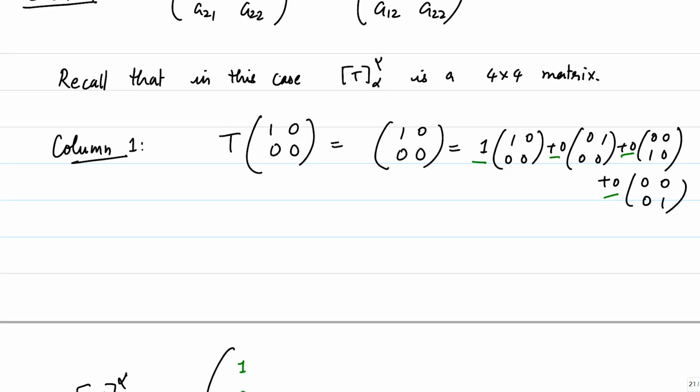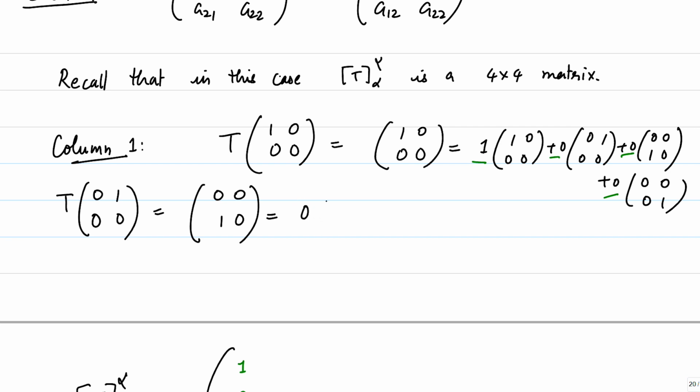Okay, how about the second column? The second column corresponds to the second basis vector, which is 0 1 0 0. If you compute, the image of 0 1 0 0 is going to be 0 0 1 0.